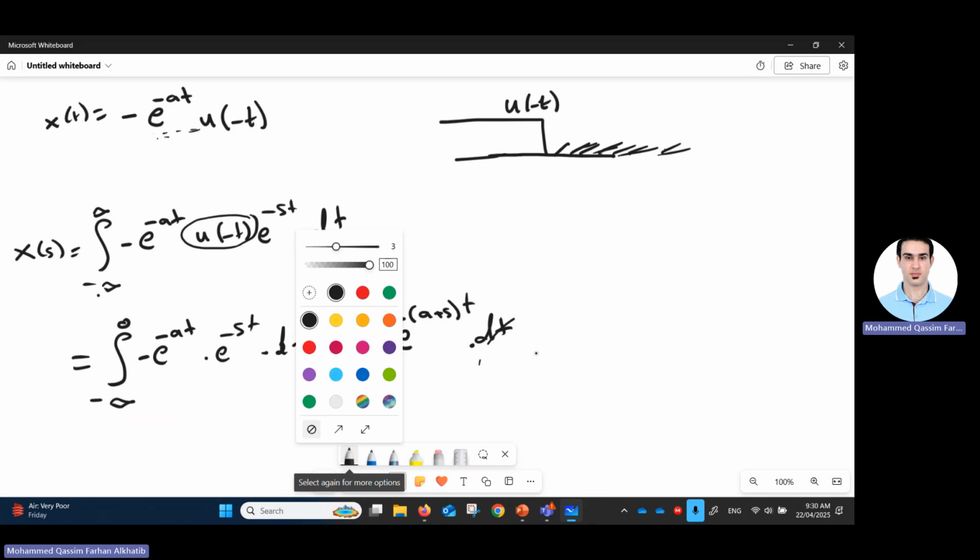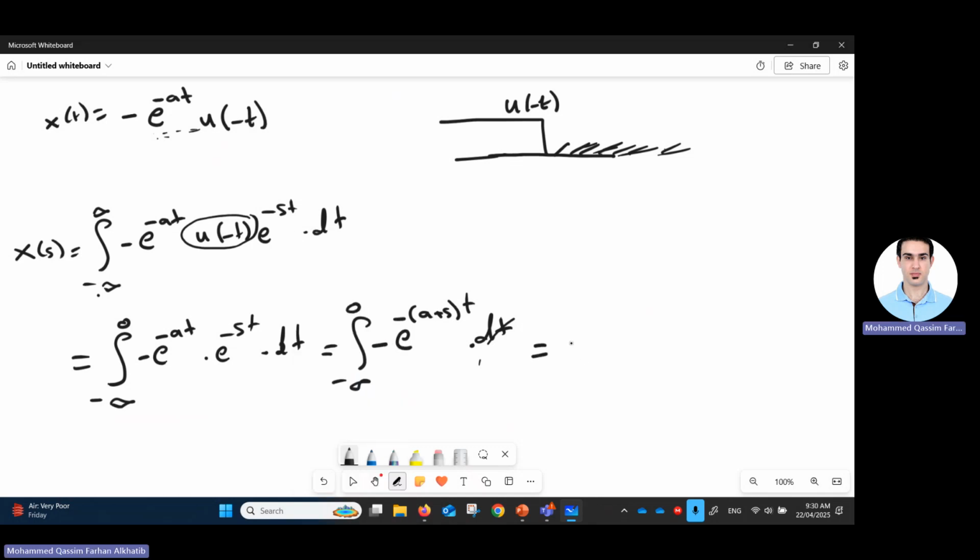So what will be the integration in this case? Let's keep the negative sign here. I'm going to get negative 1 over negative a plus s, and I'm doing negative without this negative because I already put it here, e to the power minus a plus s times t, and the limits from negative infinity to 0.